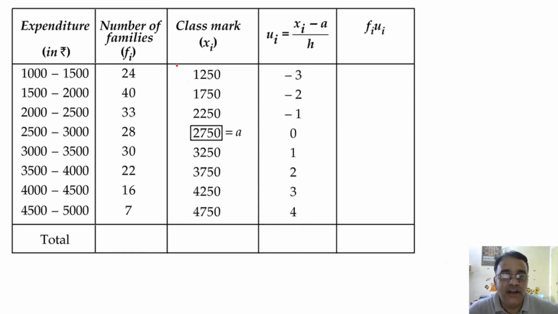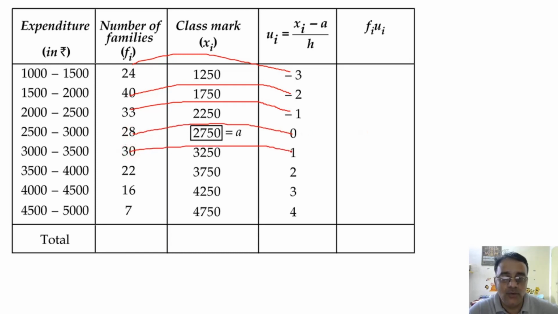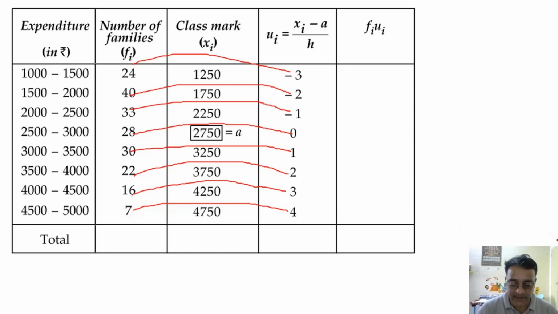Right, now F into U. First 24 into -3 is -72, 40 into -2 is -80, 33 into -1 is -33, 28 into 0 is 0, 30 into 1 is 30, 22 into 2 is 44, 16 into 3 is 48 and the last one, 7 into 4, is 28.